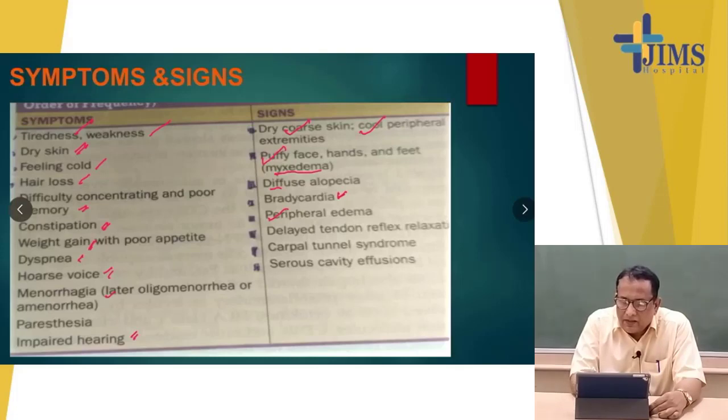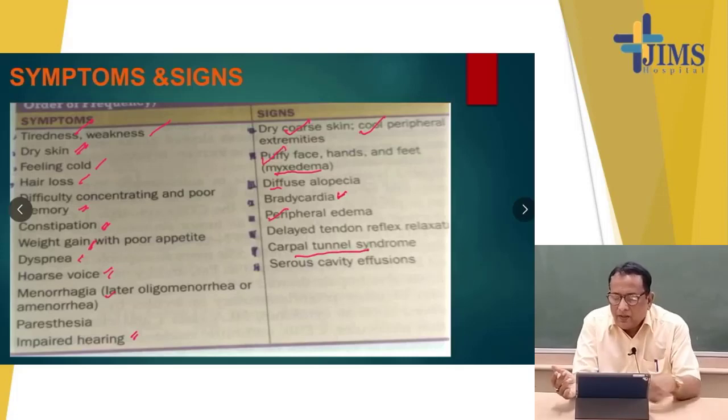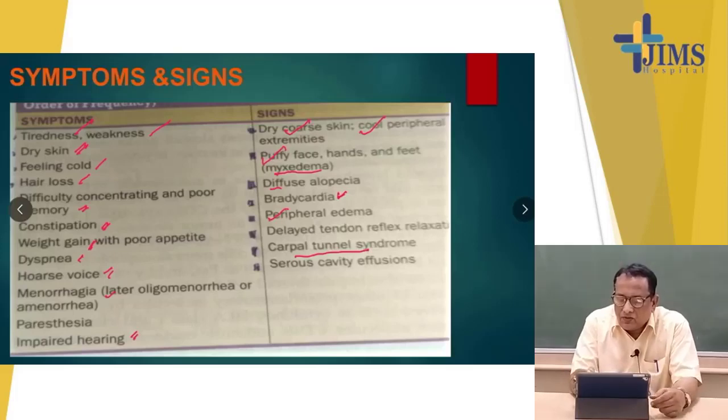Delayed ankle jerk, delayed relaxation we call it. Then there may be carpal tunnel syndrome also. There is pain over the wrist joint, and if you press here there will be tingling. So this is called carpal tunnel syndrome. And there may be effusion in the serous cavities, pericardial effusion, pleural effusion. So these are some important signs. There are so many signs also. So, symptoms and signs.